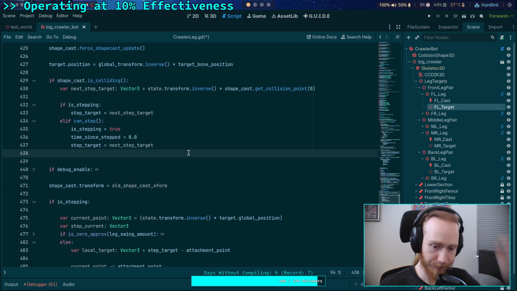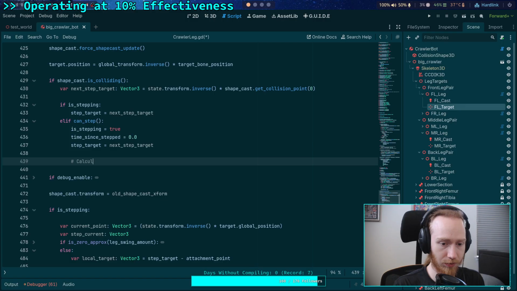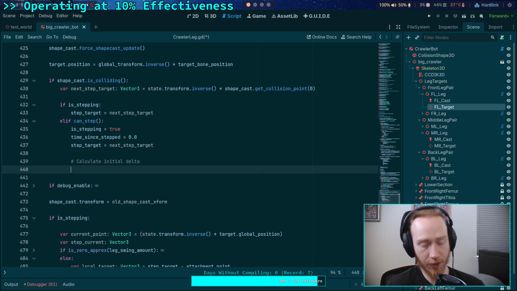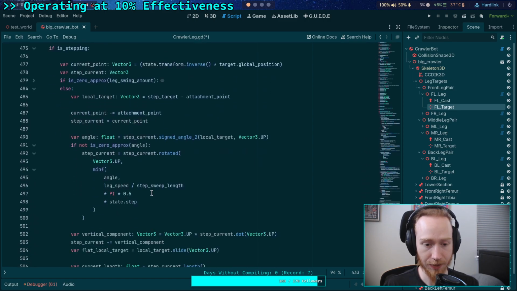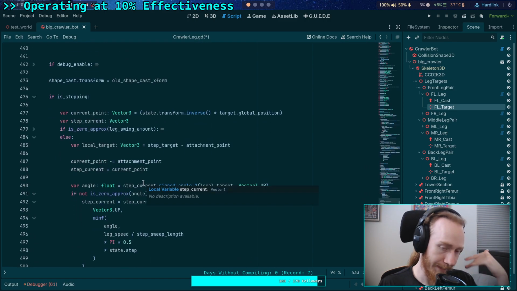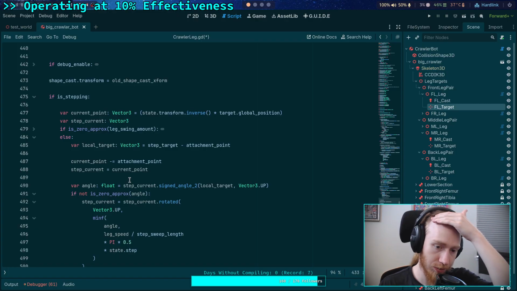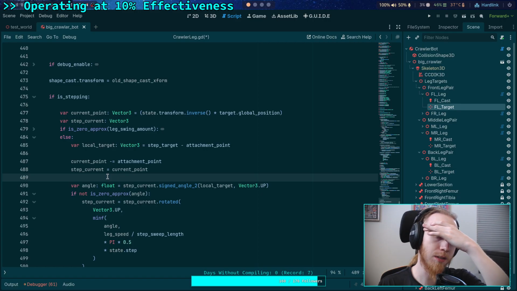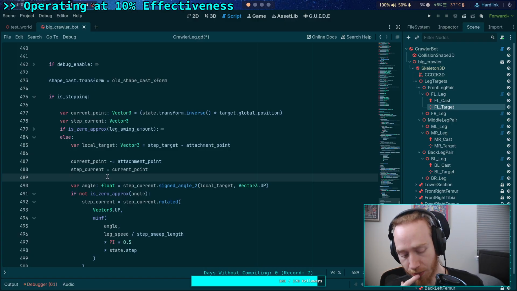Now, calculate initial delta. So I calculate it when I start the step, and then I will update it as my target changes, and as my leg moves, the delta won't change. Or, well, it will. No. Yeah, I'm either increasing the angle or decreasing the angle.